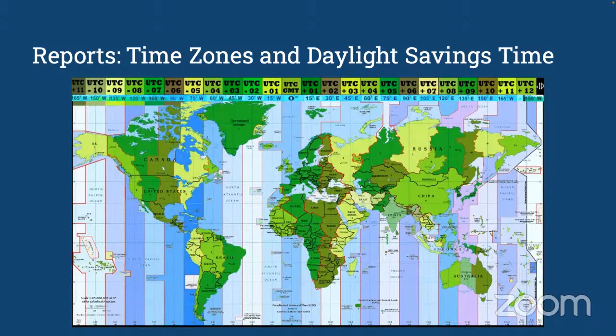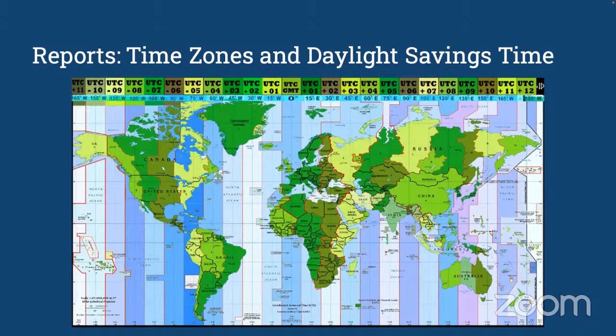Now, with writing reports, the time zone matters. Investigators must note the current time and source of current time. All examined systems must be noted and compared to the investigator's time.